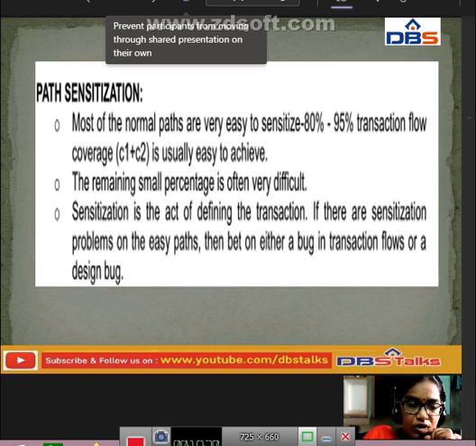Based on this, we can say that most of the normal paths are very easy to sensitize, and up to 80 to 95% of the transaction flow is usually easy to achieve. Whatever remains, the small percentage, is very often difficult. Most of the normal paths are very easy to sensitize.